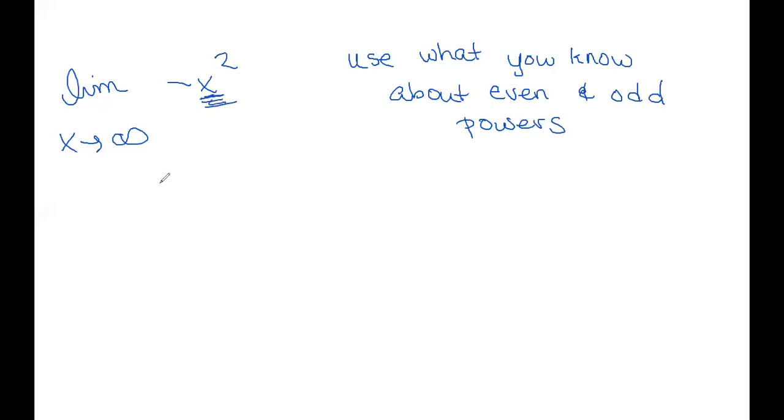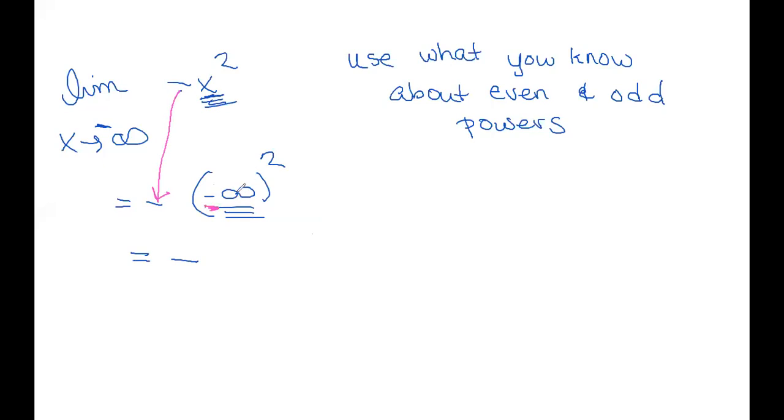So in this case, it says you're going to take negative infinity. This was as x approaches negative infinity. You're going to take negative infinity and you're going to square it. Whatever you get here is going to be positive. So your answer in this case, because don't forget, you still have this negative.